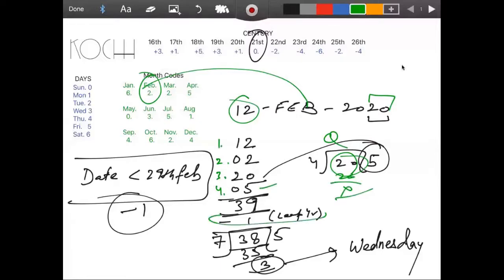And minus 1 because the date is before 29th Feb. So our sum was 39. We subtracted 1 for the leap year, which made it 38. Then we divided it by 7, so that's the last step. 7 into 5 is 35. Remainder was 3. Now, remainder 3 means it was a Wednesday.